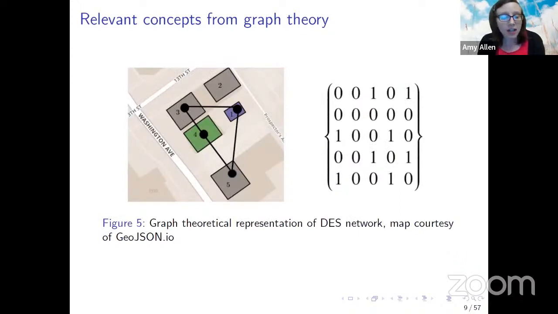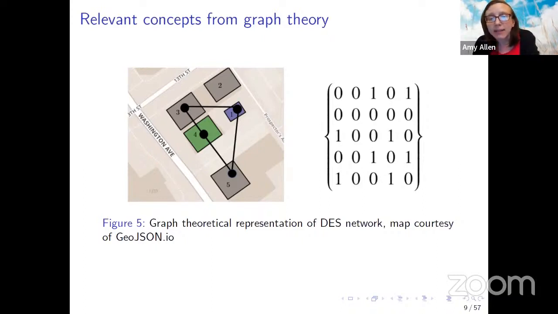In graph theory, graphs are often represented with what's called an adjacency matrix, or a square matrix with binary values and dimension equal to the number of nodes in the graph. In the context of district energy networks, the relevant number of nodes would be the number of connected buildings plus 1 for the central plant.